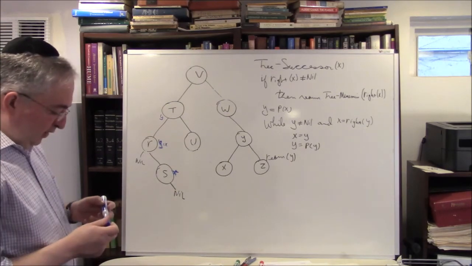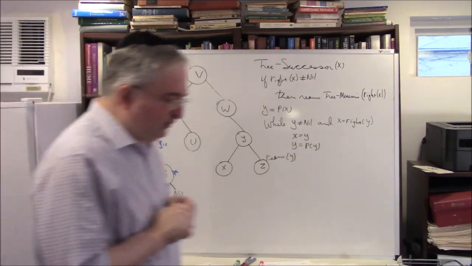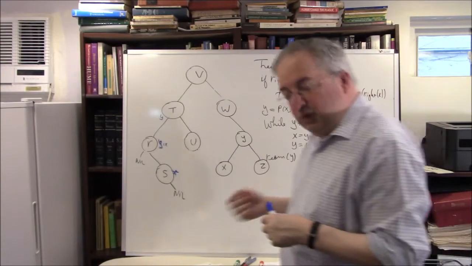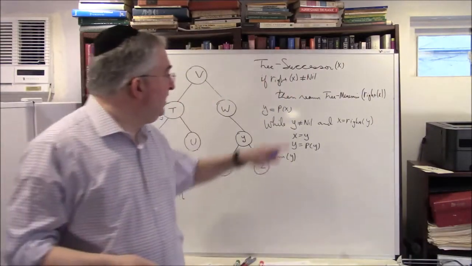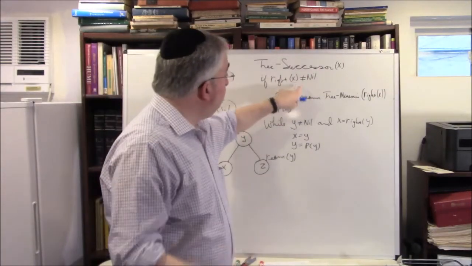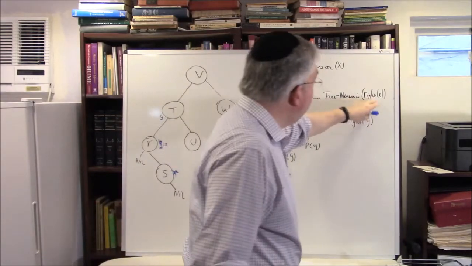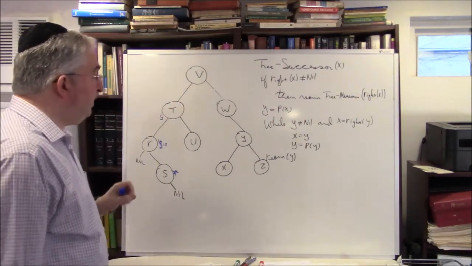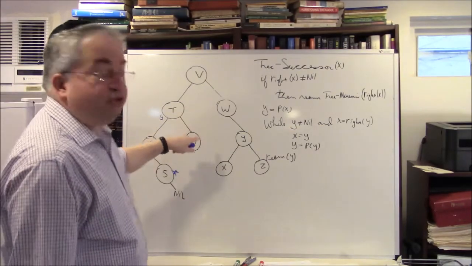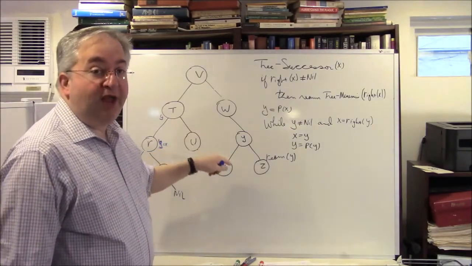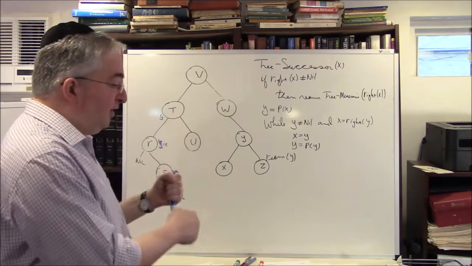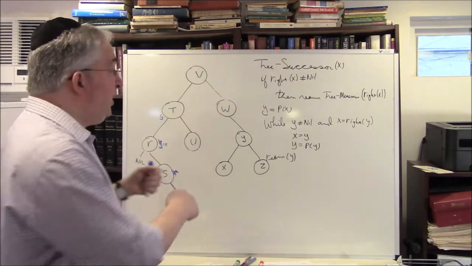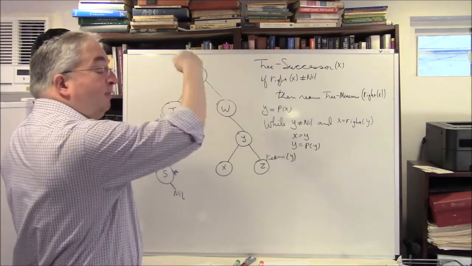Okay, so basically we're doing it as follows. This part is easy. Who's the successor of y? He's the person more than it, right of it, the minimum of the person right of it. That's the easy part. But if your tree is structured so that you don't have anybody to the right, then what you have to do is you have to look who is more than your tree, and the answer is you've got to go up the tree.